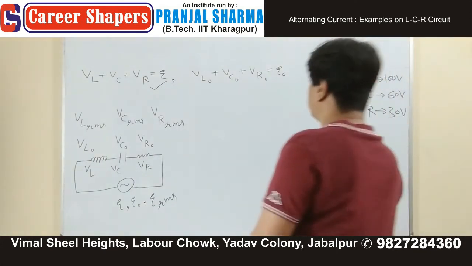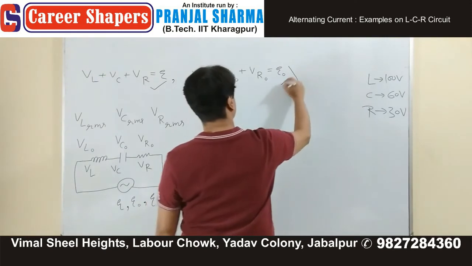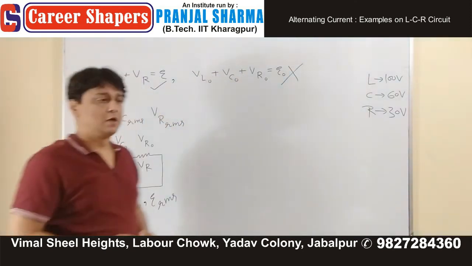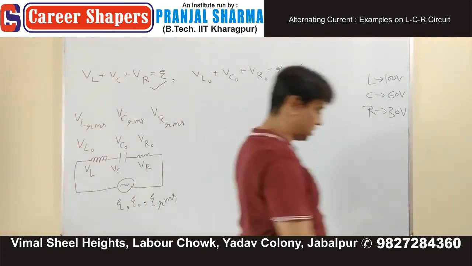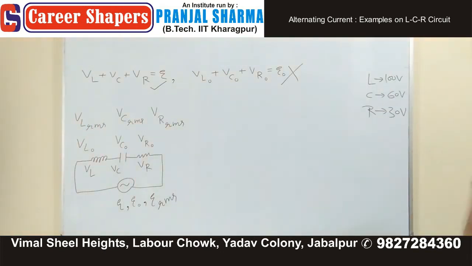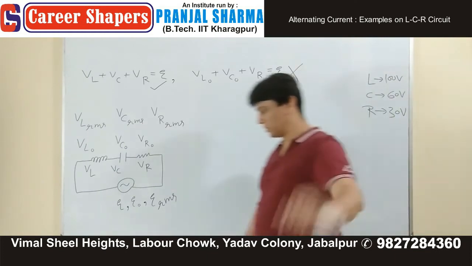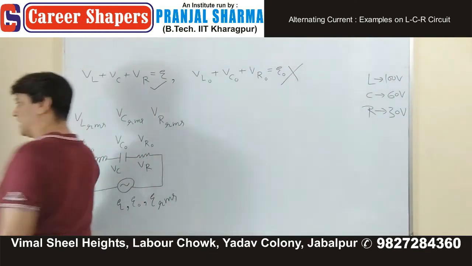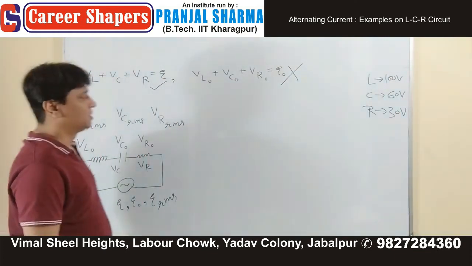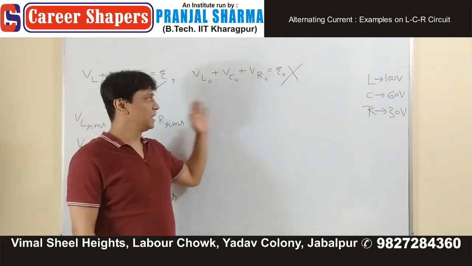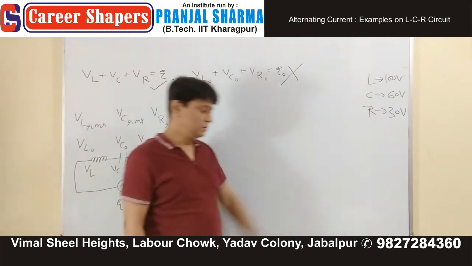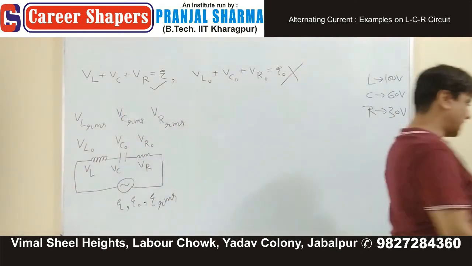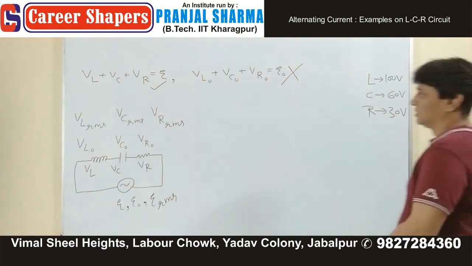Good. This relation is not correct. Is there anyone who can tell me why this relation is not correct? If you think you can answer this, you can switch on your mic or write in the comment box. It's not correct, that is true, but what is the reason behind this?